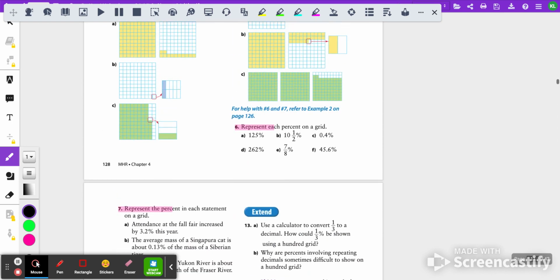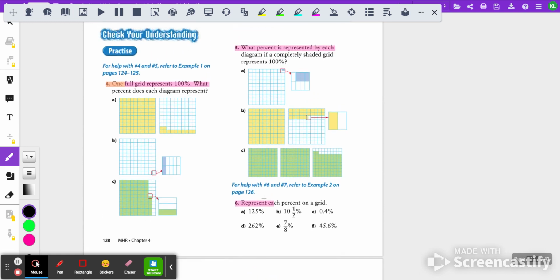One last thing before I let you get to work. In question 6 here, it says represent each percent on a grid. There we go. I have here question C, 0.4%.